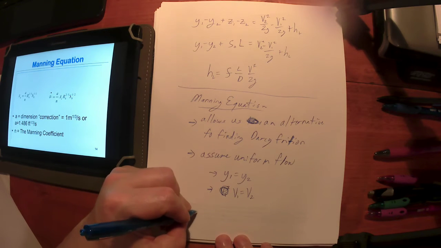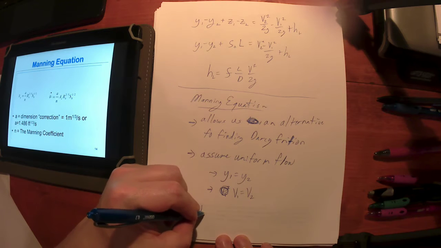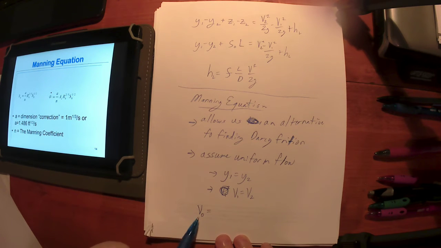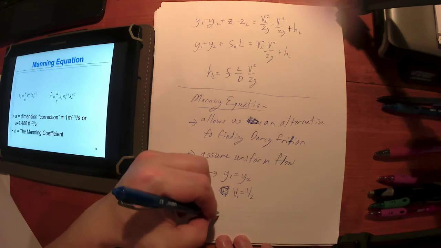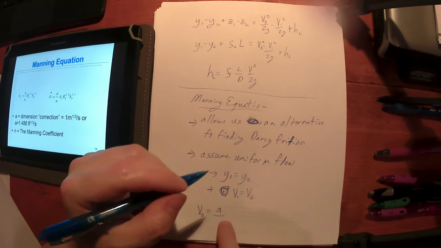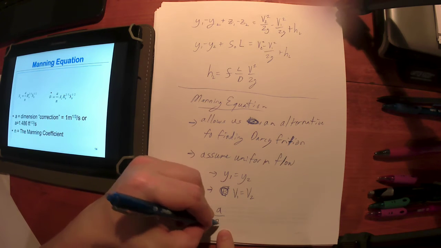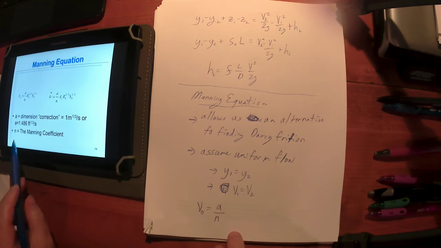The Manning equation says that the speed, and they like to use V naught, the average speed within the flow, is equal to a correction factor, just a dimension correction factor, A, divided by the Manning coefficient, the N value.